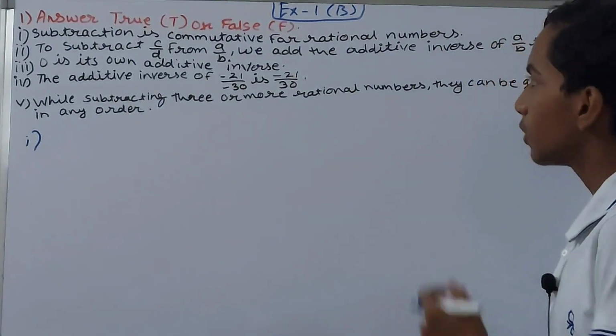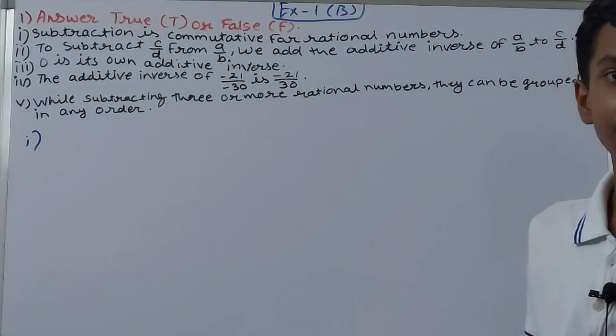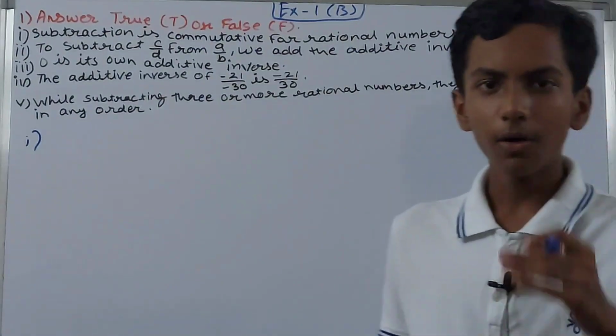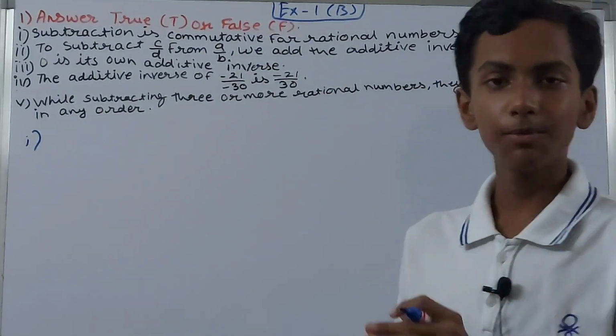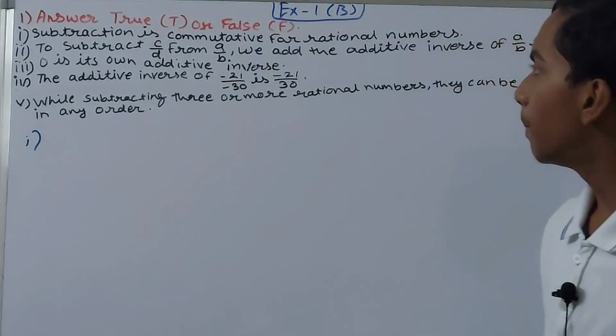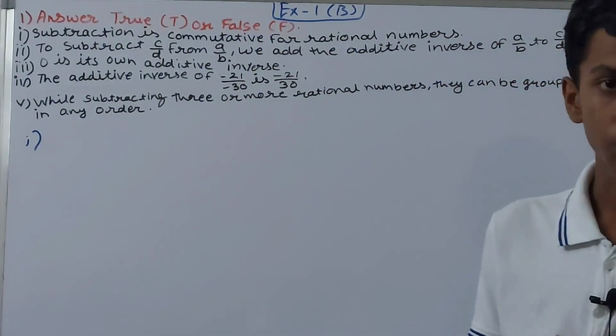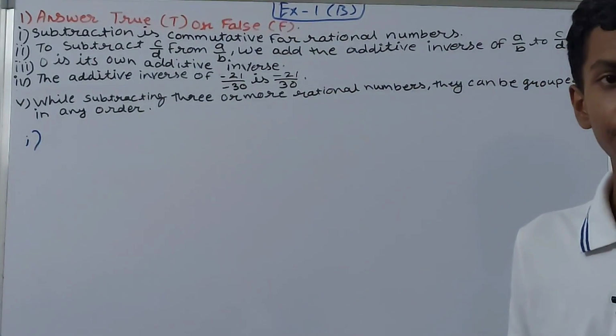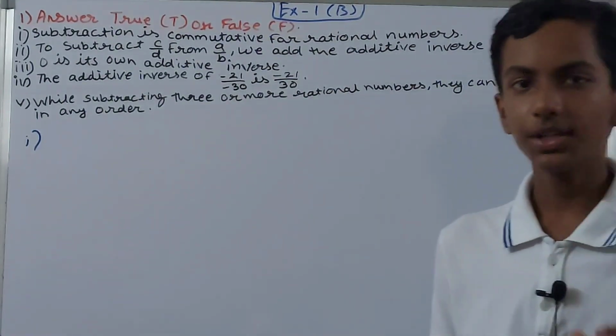In the previous topics we have studied commutative property, associative property, additive inverse and closure property. The same will be done here also. The property is the same, but we are just changing the set of numbers. This time it is rational numbers.